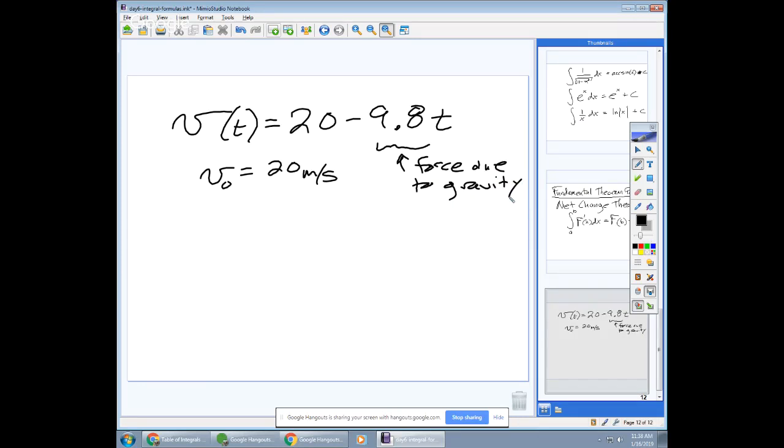And based on that rate of change, this v is the derivative of the height, the rate of change of height with respect to time.